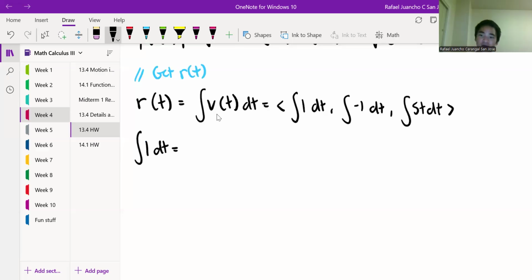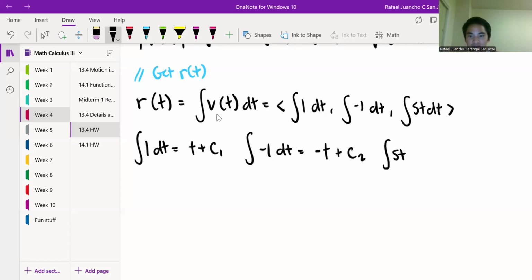Usually in math, if you've gotten the pattern of something, you're good. You don't have to make it complicated. So this is t plus c1. Then we have -1 dt over here. This is negative t plus c2. Really as simple as that. Now we have my 5t here, which is 5t squared over 2. So I did that one a bit mentally.